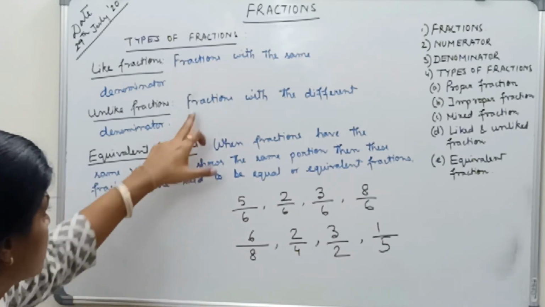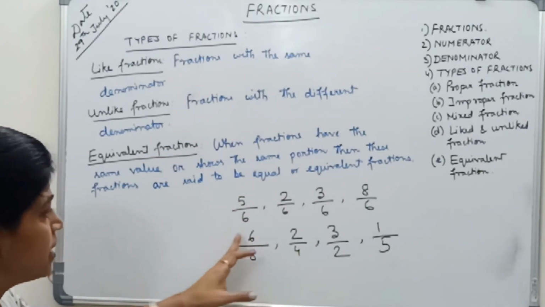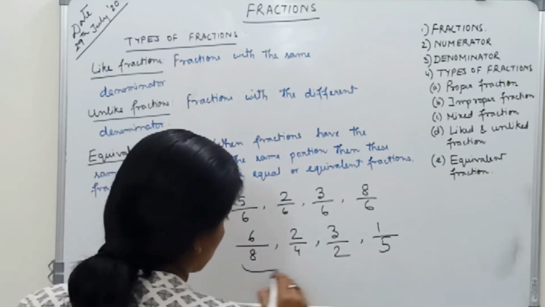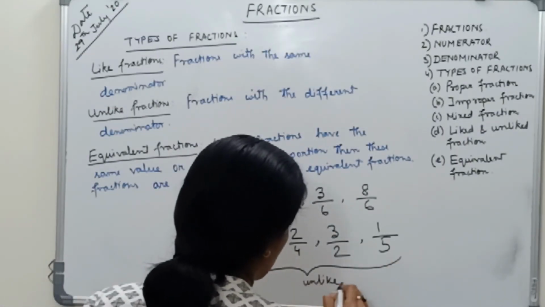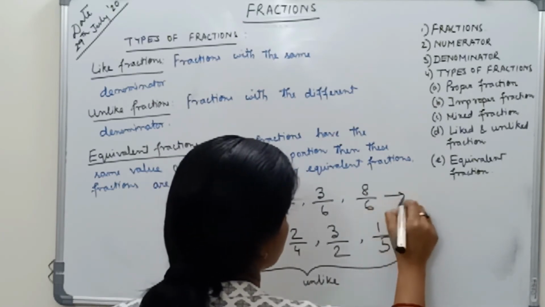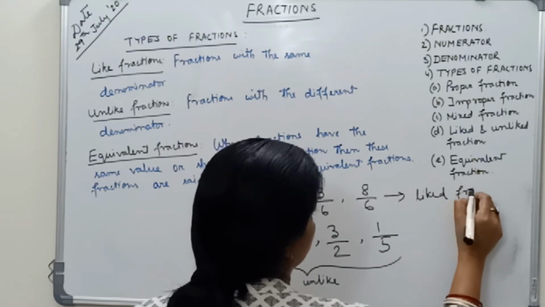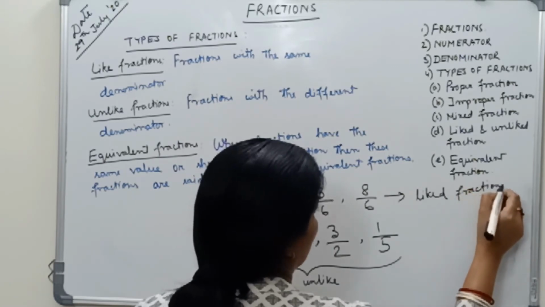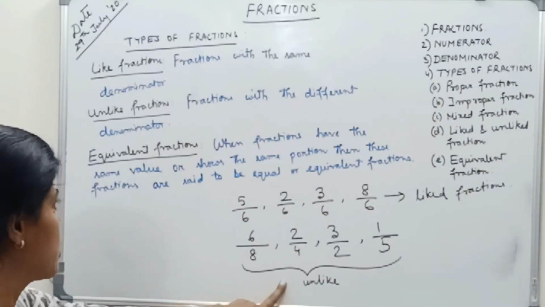The bottoms are different, so these are called unlike fractions, and the earlier ones are like fractions.